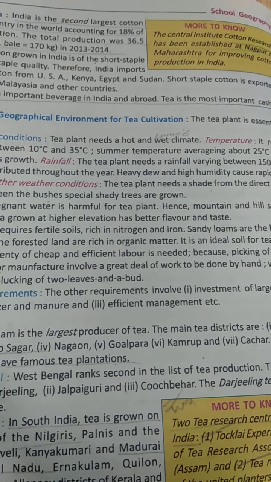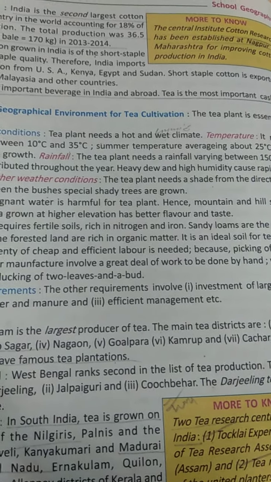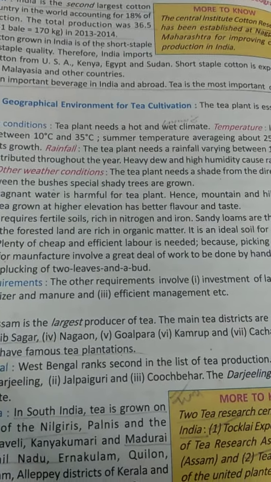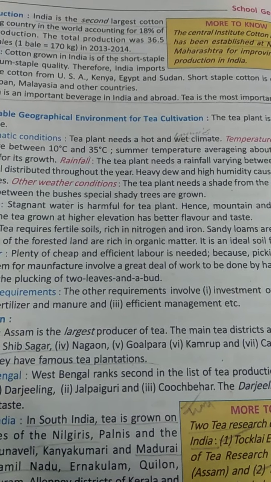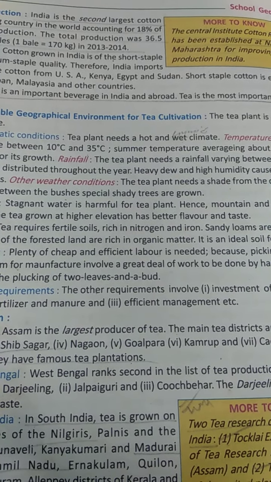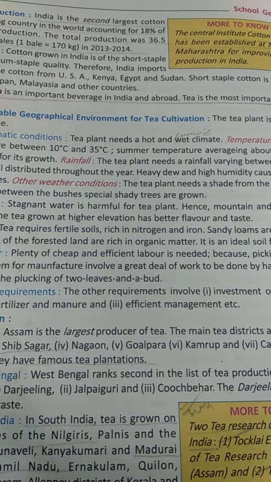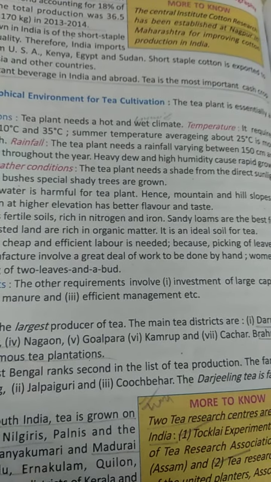The tea grown at higher elevation gives better flavor and taste. In the hilly slopes, the plant grows very well because the weather there is neither hot nor cold, and there is humidity. All things favor the tea to grow in these areas.